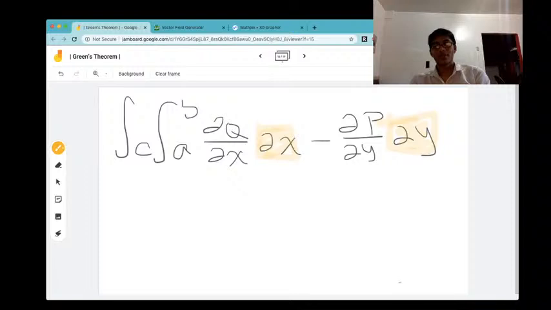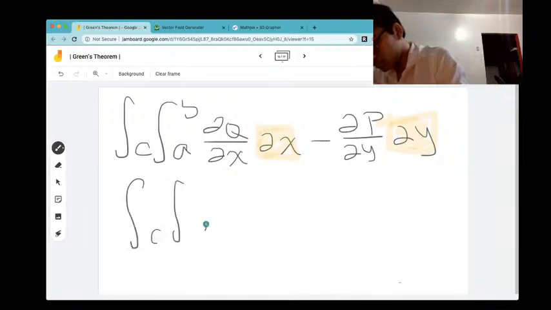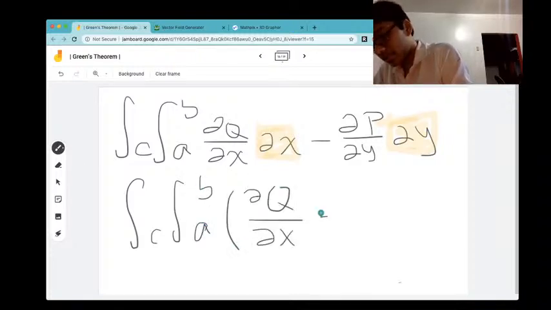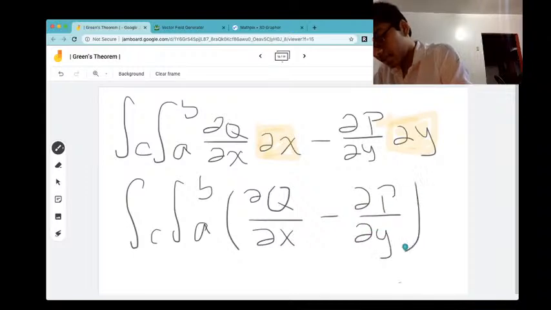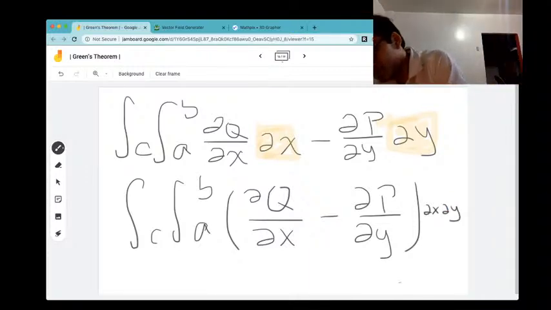So I can write as follows: partial q partial x minus partial p partial y, times partial x partial y. There you go.